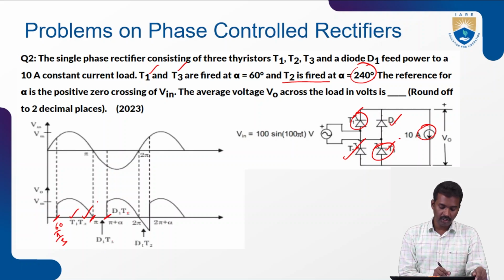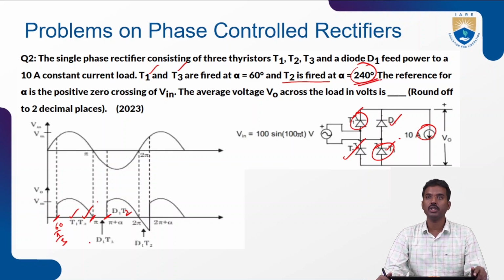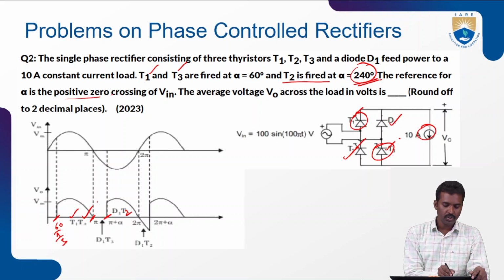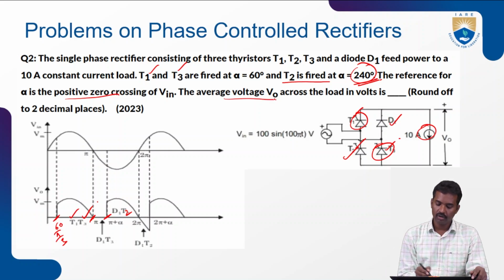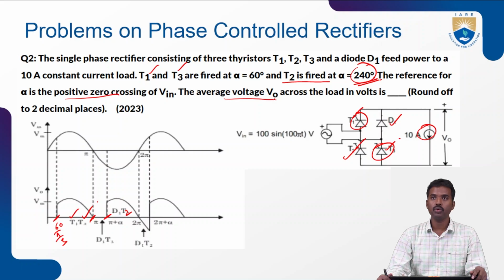After that the T2 switch will conduct at 240 degrees. Here alpha equals 60. Alpha is measured from the positive zero crossing of the input voltage, and we need to calculate the average output voltage.